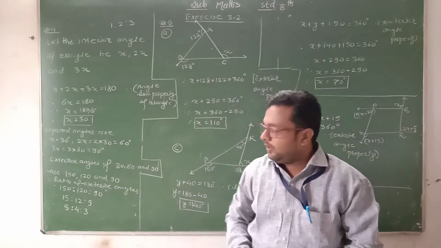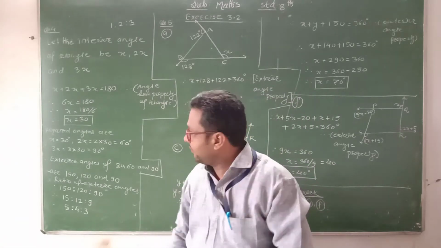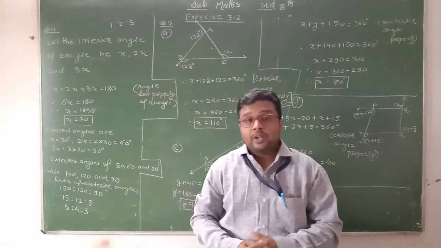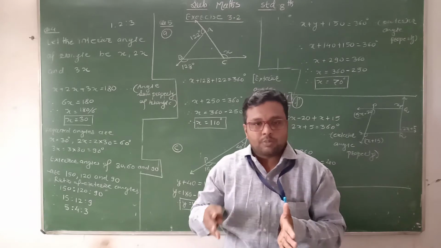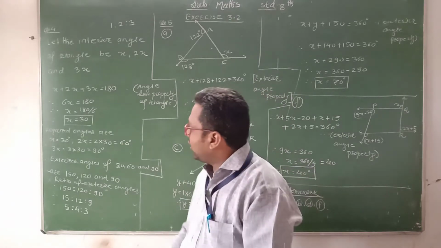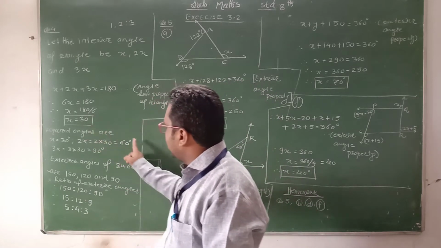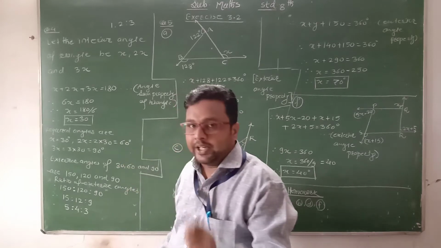But what is the question? Here we have to find out the ratio of their exterior angles. And we know that the exterior angle is the angle which forms a linear pair with the interior angle. Linear pair means the sum of these two angles is equal to 180. Okay. Then to find the exterior angle of the given interior angles 30 degrees, 60 degrees and 90 degrees, you have to subtract the given angle from 180.